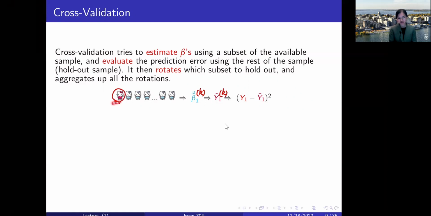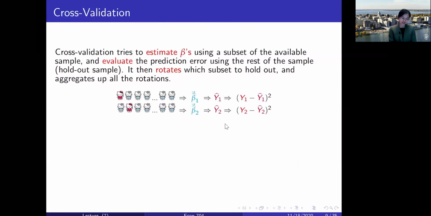And for that observation, you have both the prediction and the true value of Y1. So you're gonna take the difference and square it. And then you're gonna rotate which one is the holdout person.